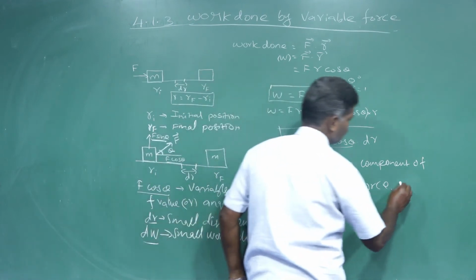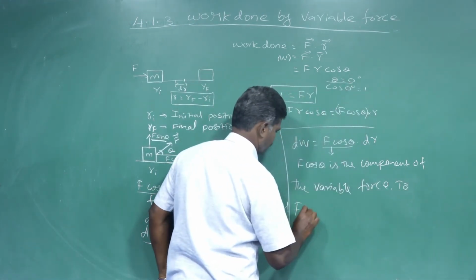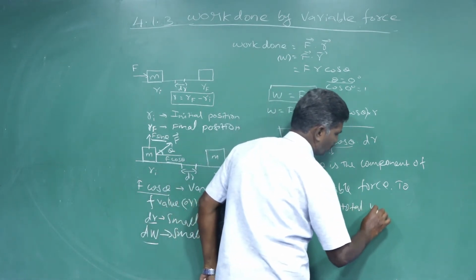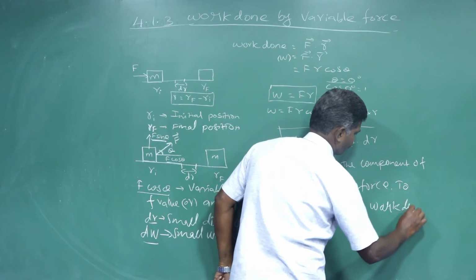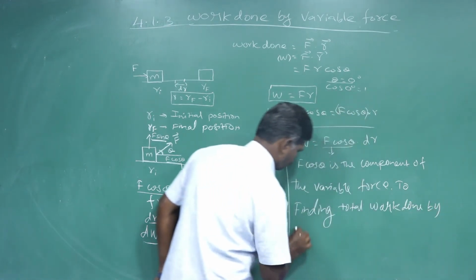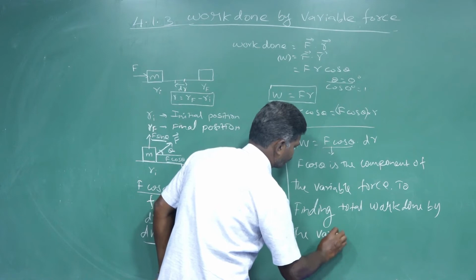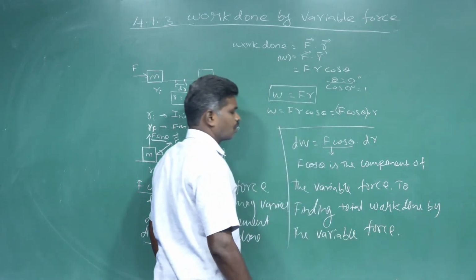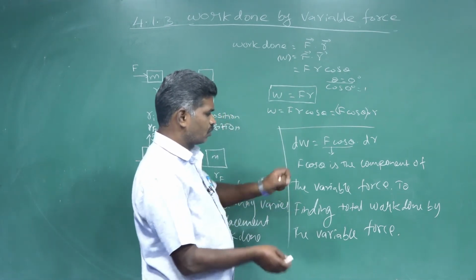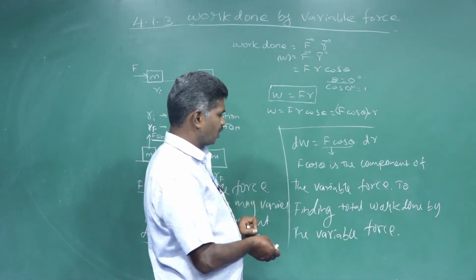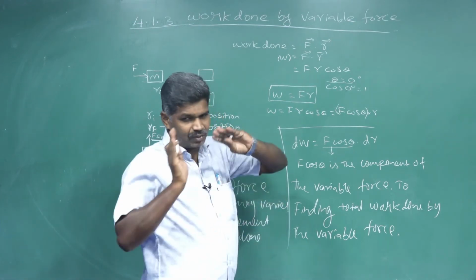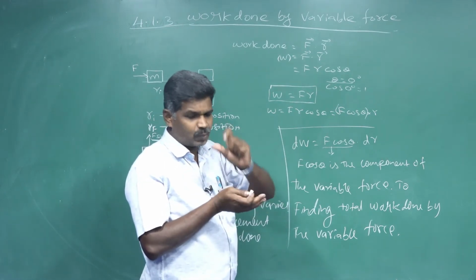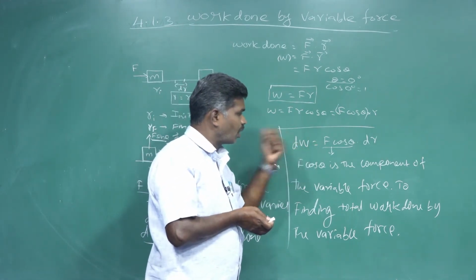To find the total work done by the variable force, from the initial position to the final position, we will take a small part of the displacement. The work done there is a small amount.